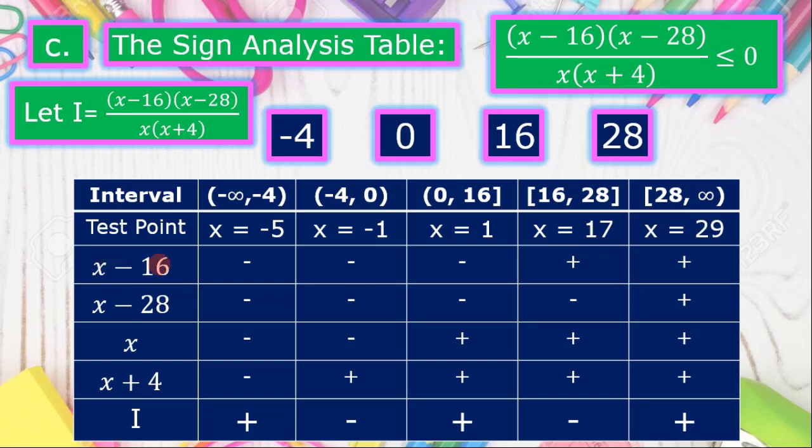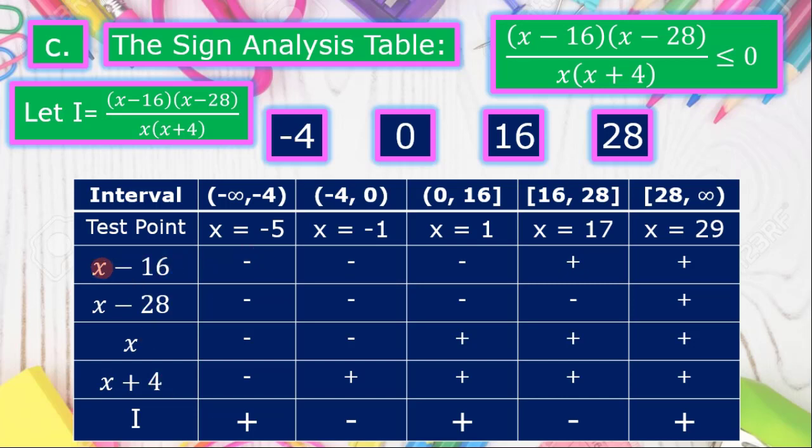Now, let's collect all the terms in our inequality here. X minus 16, let's put it here. Then we have x minus 28, the second factor of the numerator. Then we have the first factor of the denominator x. We copy this here. Then the second factor of the denominator x plus 4, we have it here. And then, how did we get the negative sign here?